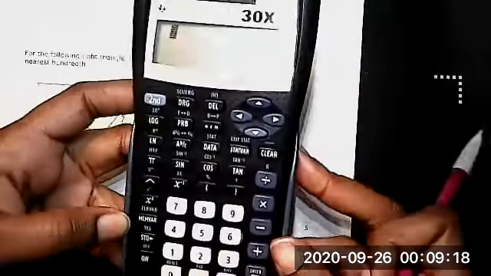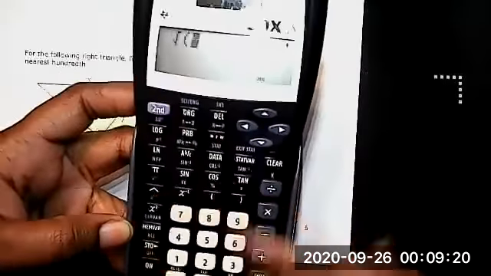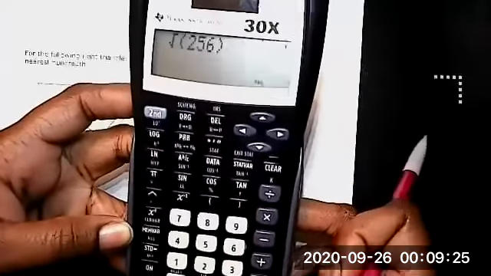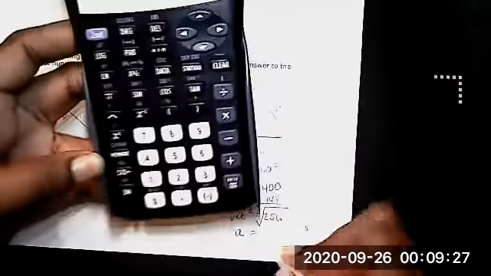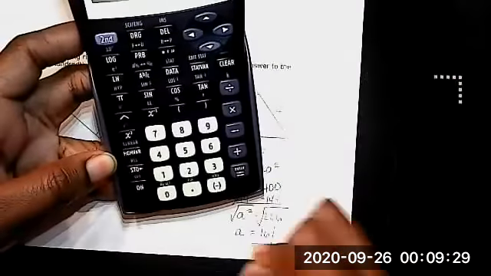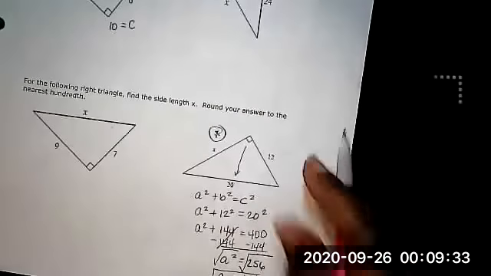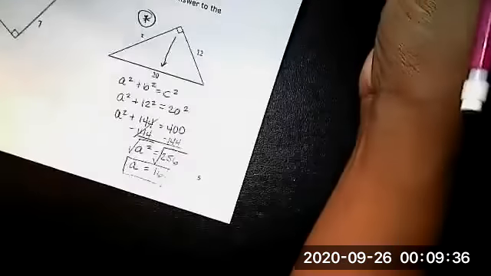If you put that in your calculator, you're going to press second, x squared. That's square root of 256. Enter, and we got 16. So 16 is our answer. We didn't even have to round anything. If we did get a decimal, we'd round to the nearest hundredth. So we didn't have to. Yay.